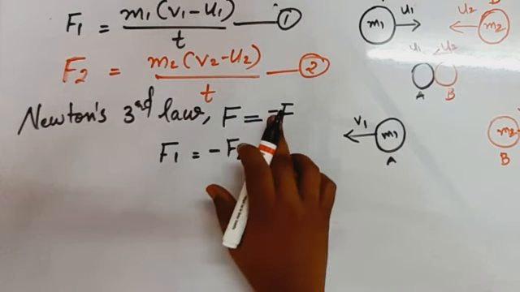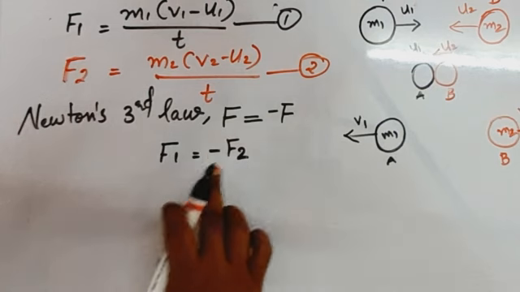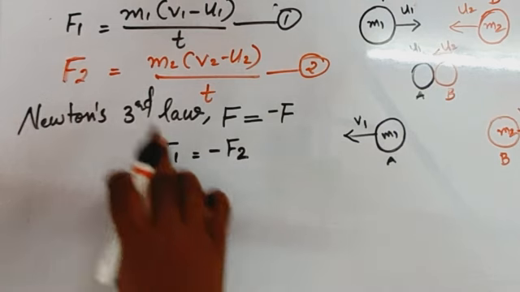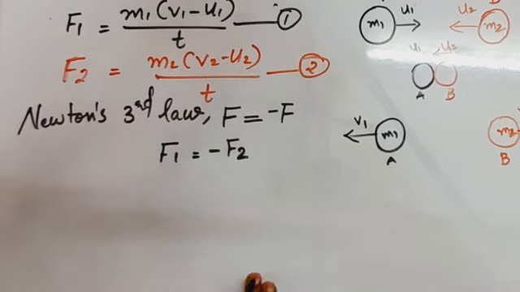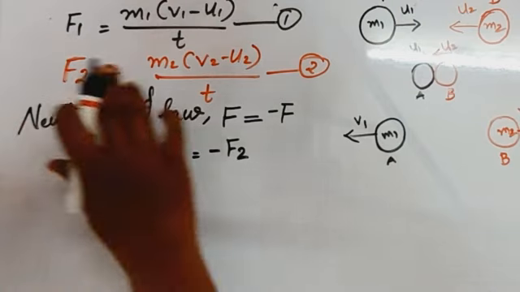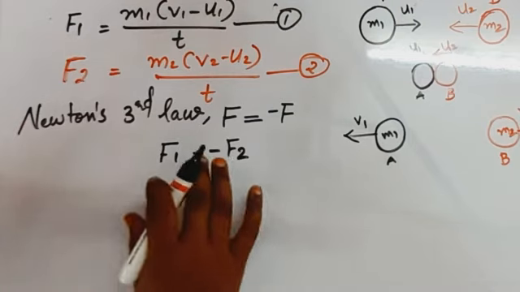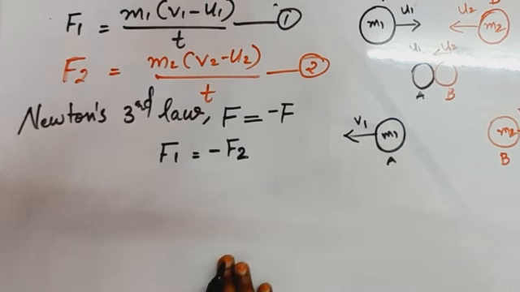Here is plus and here is minus. In the case of the marbles, F1 is the action and F2 is the reaction. So we can write it like this. Then substitute the values into this equation.